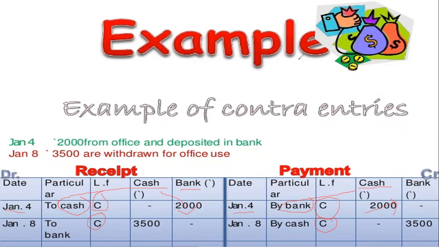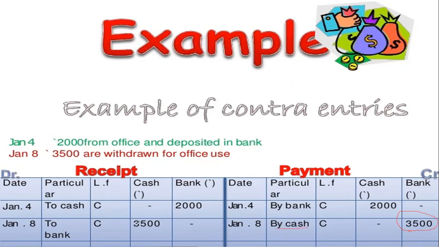Same way the other transaction, 3,500 is withdrawn from bank for office use. So when the money is withdrawn from bank, in bank it is a payment, but it is withdrawn as cash.